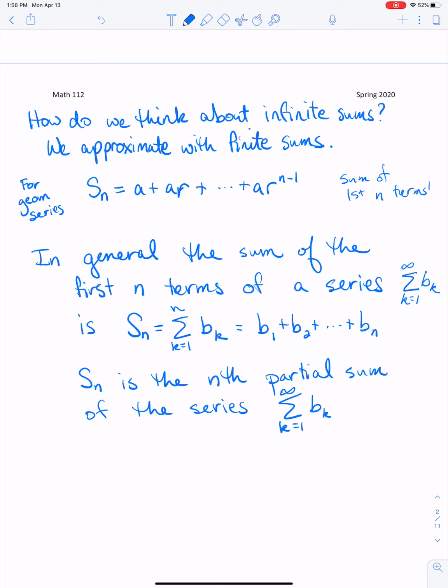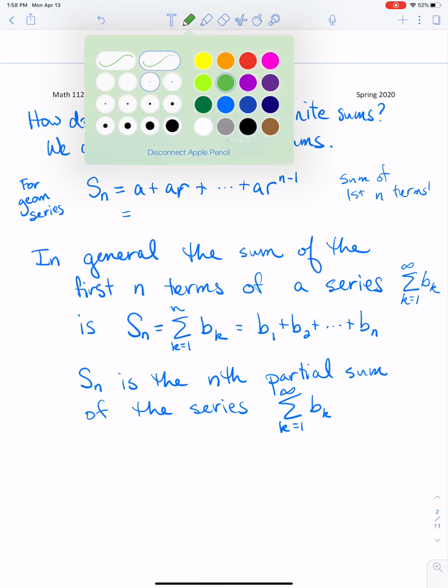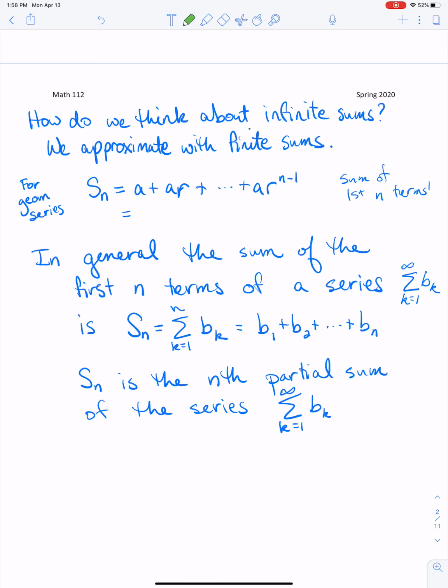Notice here that things are a little bit different because in your geometric series we started indexing at 0. So over here, I'm going to switch colors just to show you the difference. This is equal to the sum from k equals 0 to n minus 1 of a r to the k, right?